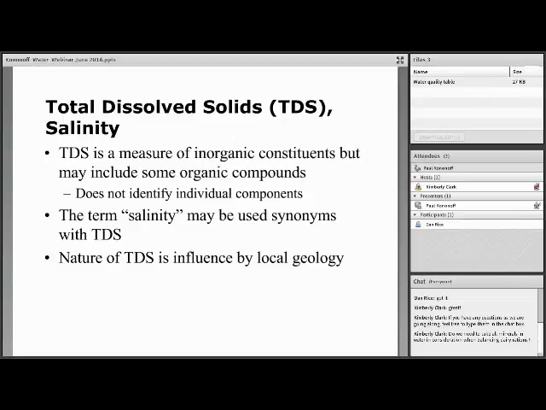But the reality is, the way they measure this is they just basically put a filter on and see how much material is retained on that filter. And their thought is that that's a good estimate of inorganic constituents. But you can have some organic compounds on that. And the other thing that I've mentioned is that the nature of TDS, or what's retained on that filter or what's in that water sample, is obviously influenced by the local geology.